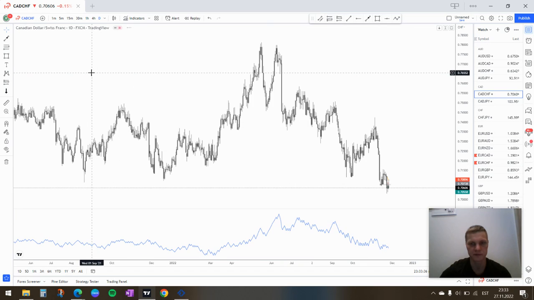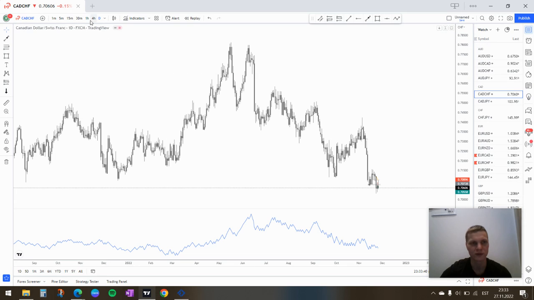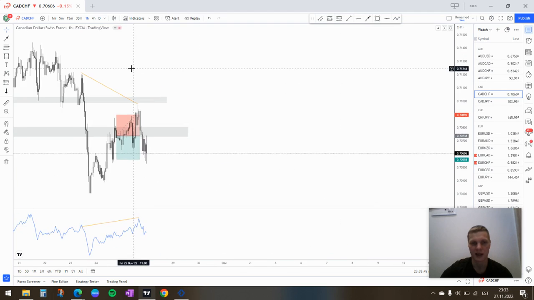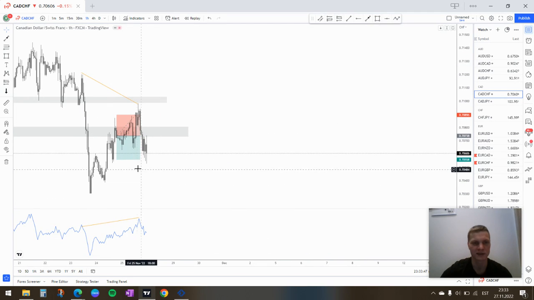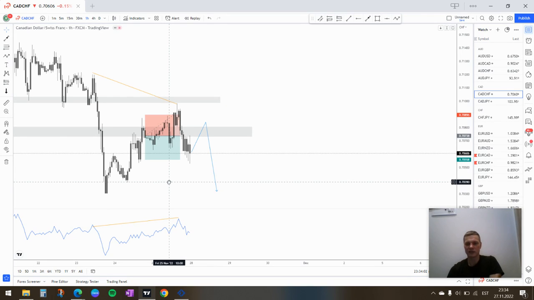CAD CHF, it's finally starting to move where I said it's going to move 2 weeks ago. And there's divergence, so if price comes back up here a bit, well, it depends. I'm hoping the video will be done before that, but markets are gonna be open in half an hour.